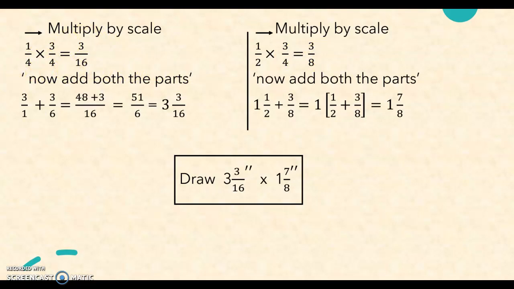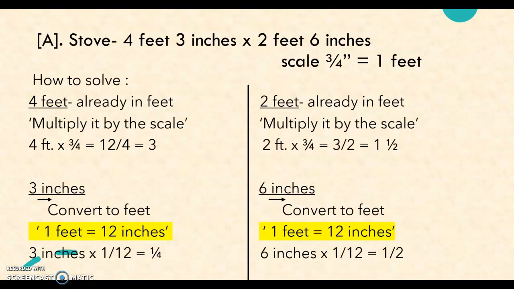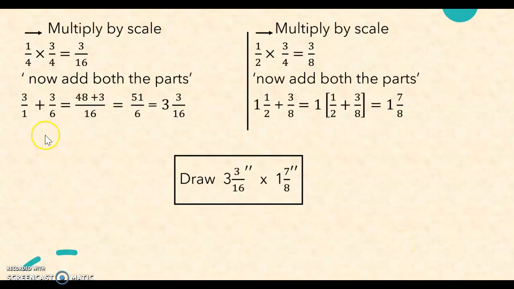Now as we have two parts for both sides of our problem, we'll be adding these two parts: 3 plus 3 by 16, and 1 by 2 is added to 3 by 8. As we add this, in the first part we get 3 by 1 plus 3 by 16, which gives us 48 plus 3 by 16.